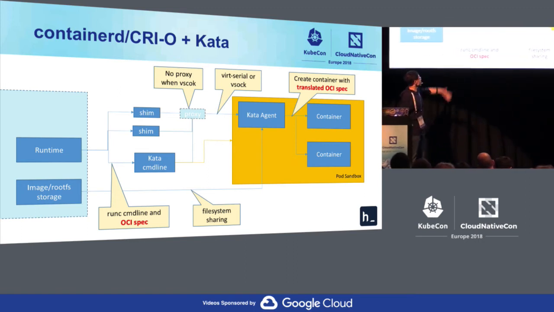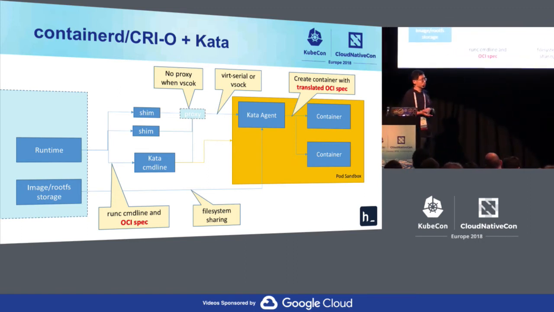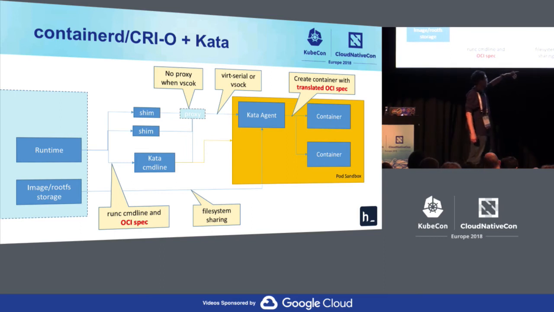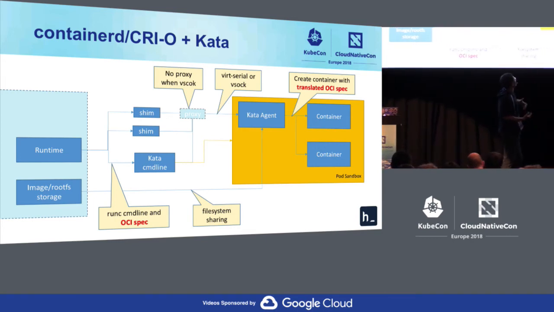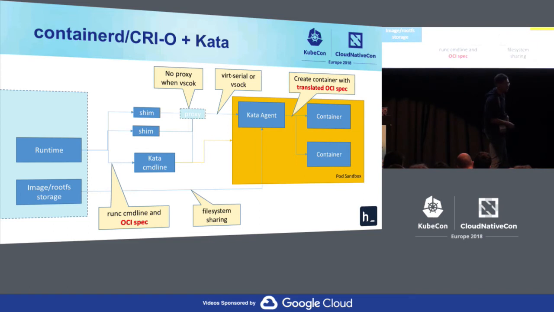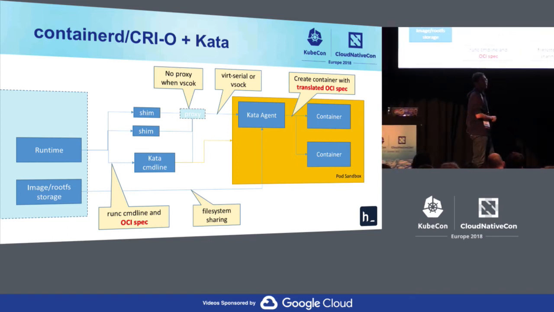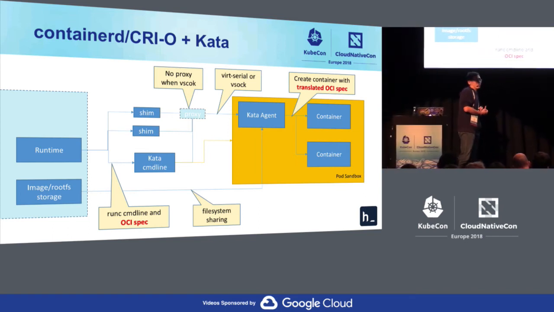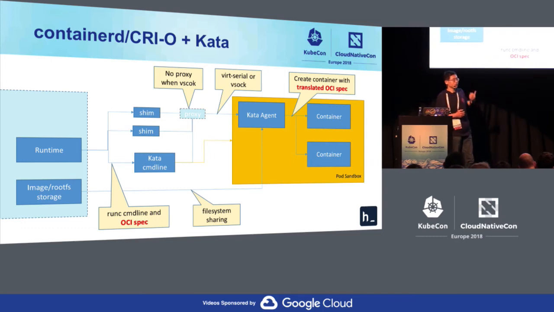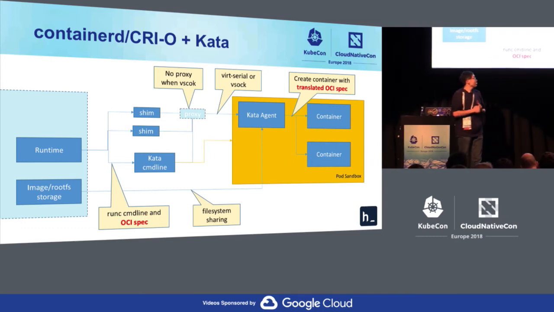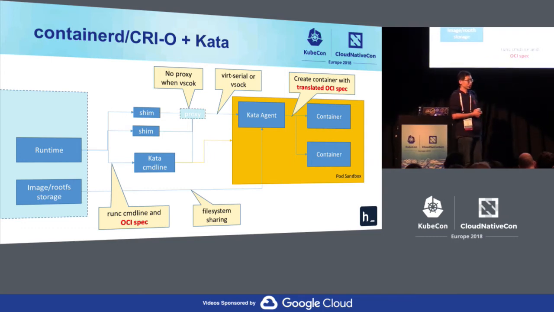For the communication, there are two ways to communicate from the outside to the Kata agent. The agent is in the VM, or say in the pod sandbox, and here we have two ways: virtio-serial or VSOCK. Virtio-serial is a software simulated serial port.